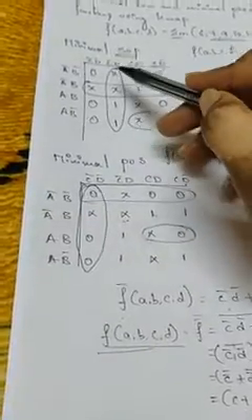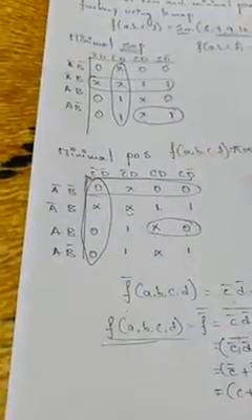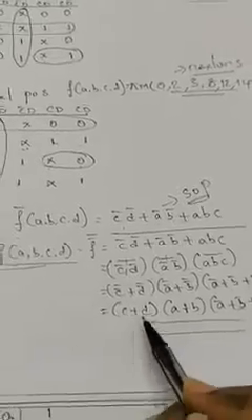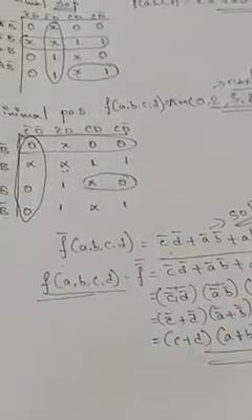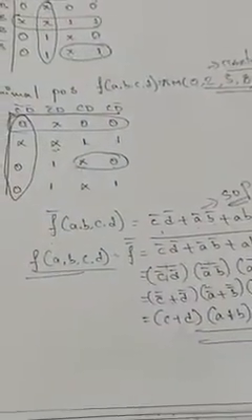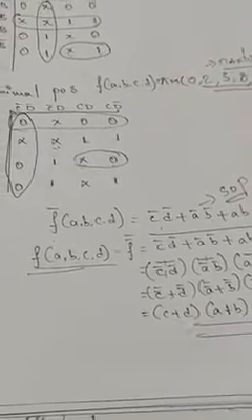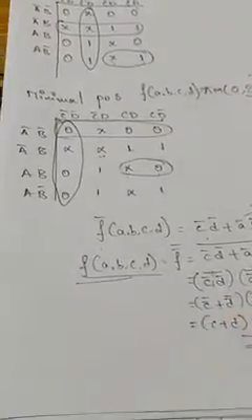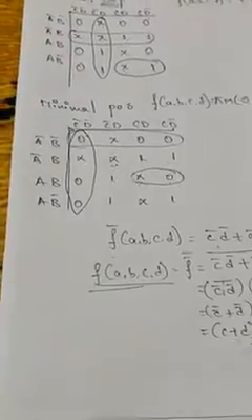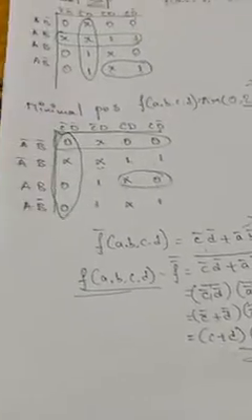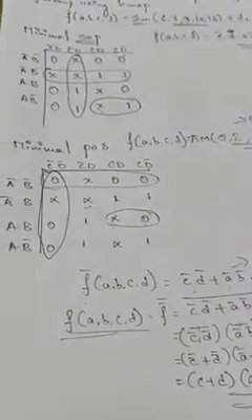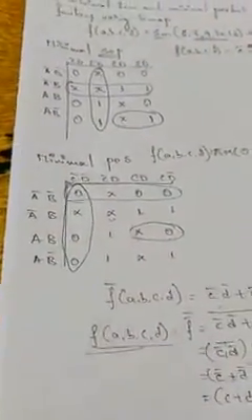If you group zeros, you're going to get an SOP expression, and after putting a bar, you're going to get a POS expression. Just by grouping zeros, you're not going to get a POS expression. After putting a whole bar, you get a POS expression. Grouping ones, you're going to get an SOP expression directly. That's it. This is one type of problem that might arise.